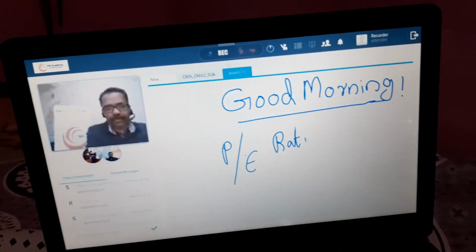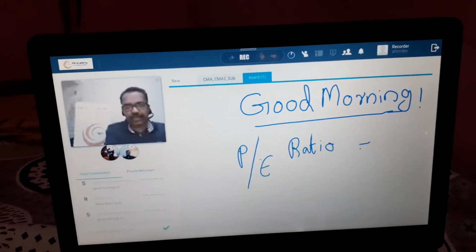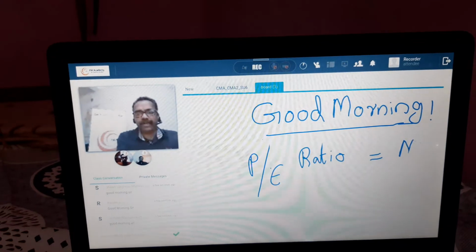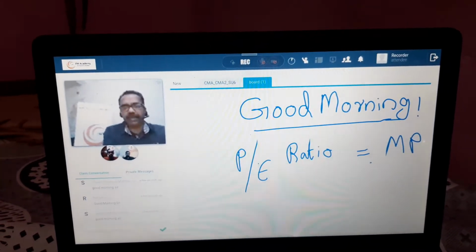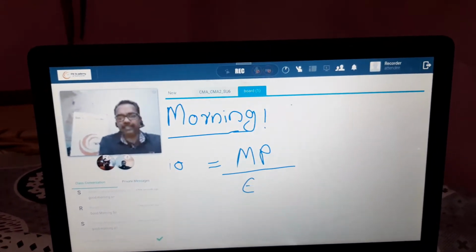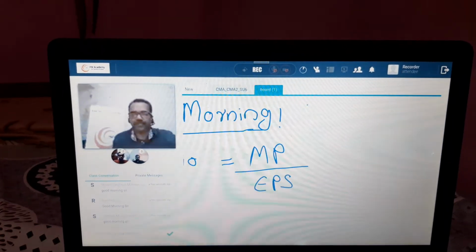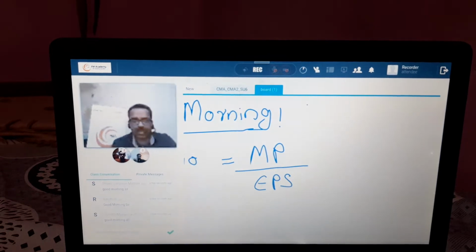If you look at any share, they will ask you what is the PE ratio. PE ratio is nothing but market price divided by earnings per share. On a per share basis, what is the earning?